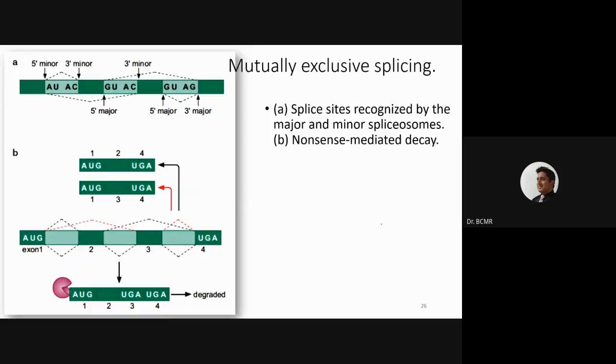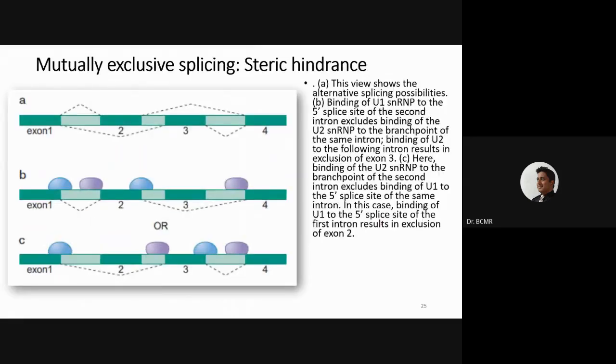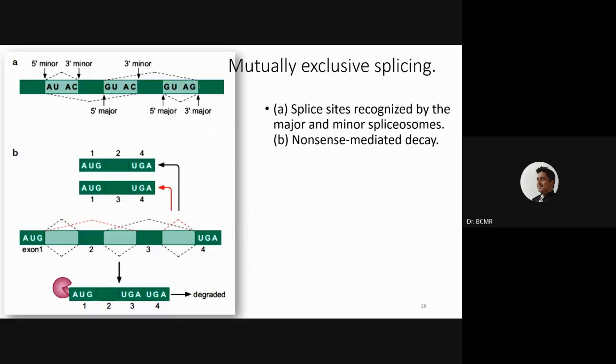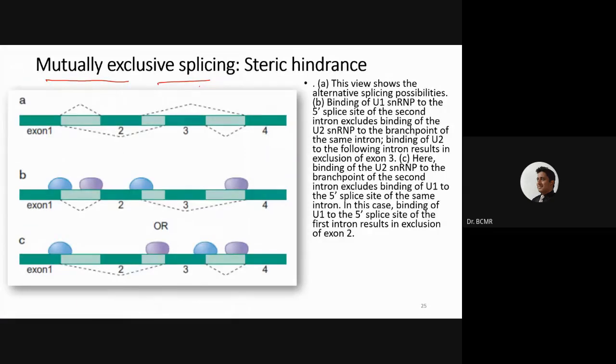And there are several other things that I might not discuss, but you should understand that some will have mutually exclusive splicing. Okay, and I will just describe one of the examples. Maybe I'll take here. That is steric hindrance. When you say steric hindrance, it's like if there is a small space, and this is a particular sequence. The sequence stretches from here to here.